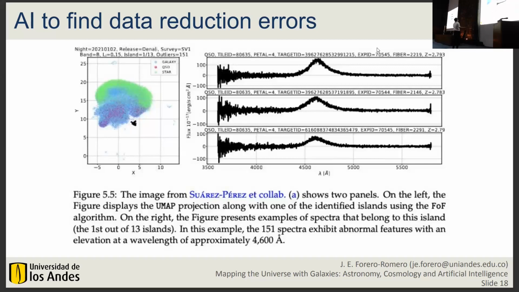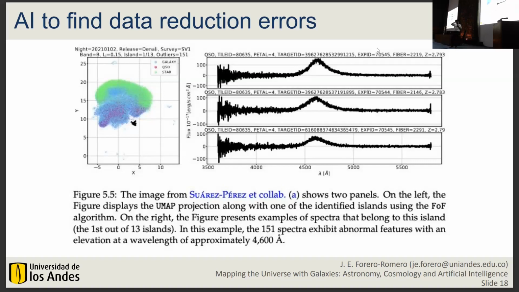So that's why John, he was a graduate student at Universidad de los Andes in Bogotá, and I devised a method to do this automatically. And basically, the key concept for machine learning that we implement here is dimensionality reduction. So each point is a single spectrum, but this spectrum lives in high dimensions, every point for the flux.